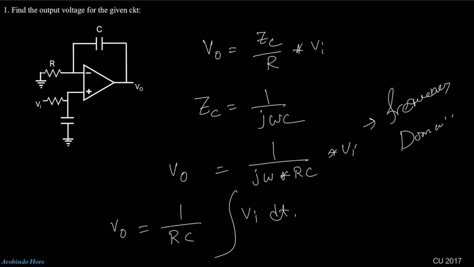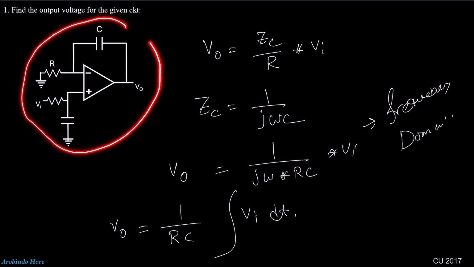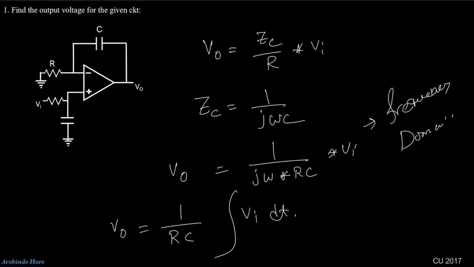So this circuit is nothing but a non-inverting integrator circuit. In the inverting integrator circuit, you can see there is a minus sign, but here the minus sign is not there, right? It's a plus. That means this is a non-inverting integrator amplifier.